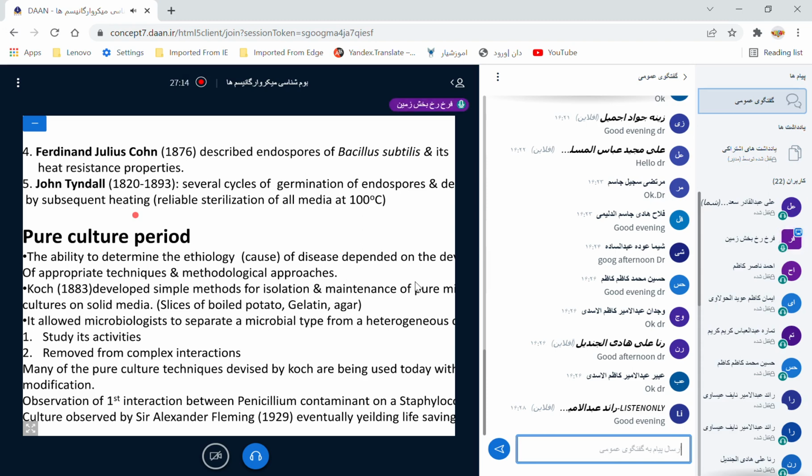all the spores of the liquid were destroyed, and by this device he showed that spontaneous generation is not correct. Reliable sterilization of all media at 100 degrees centigrade. At that time, they didn't have an autoclave.